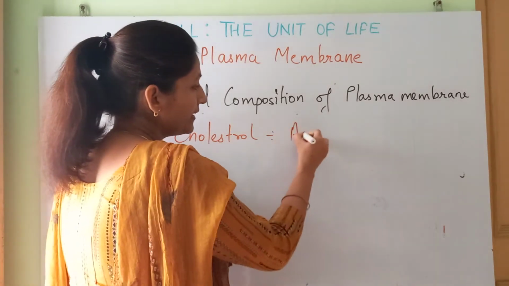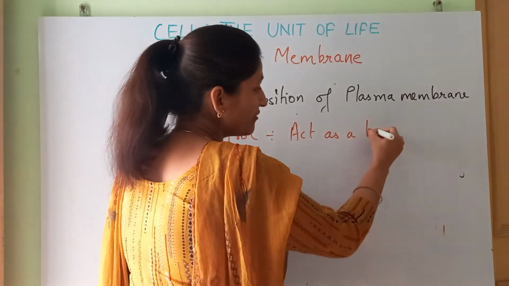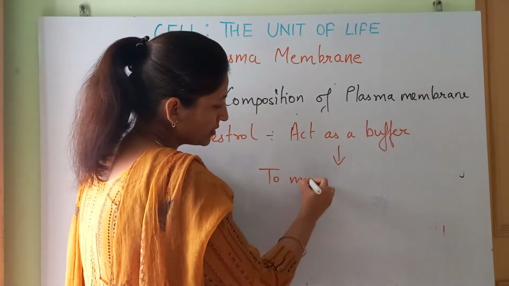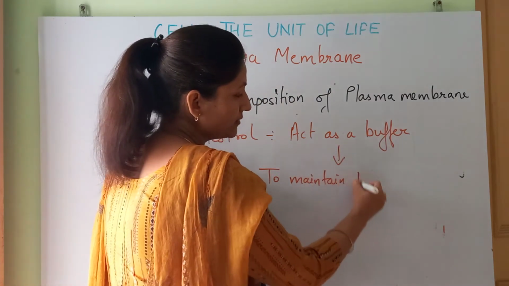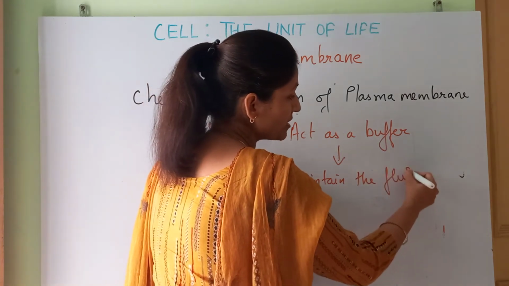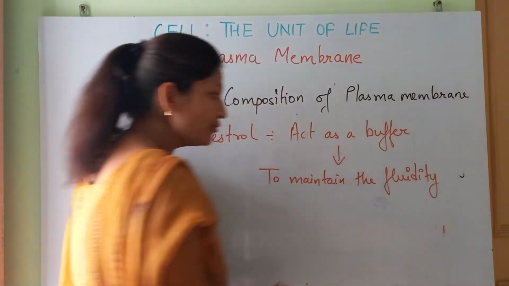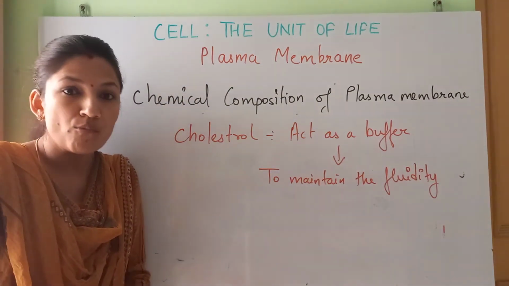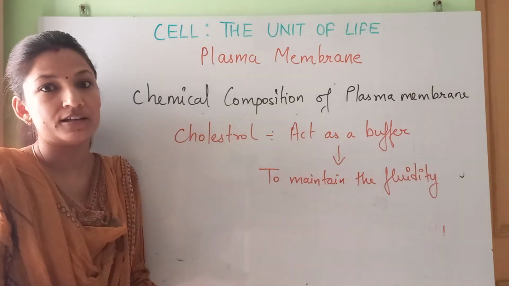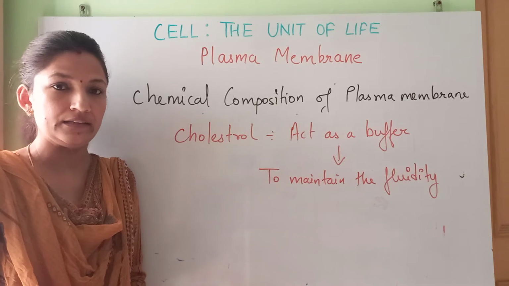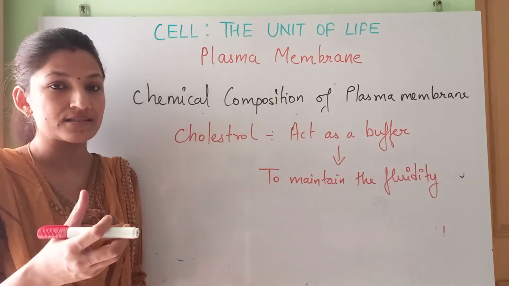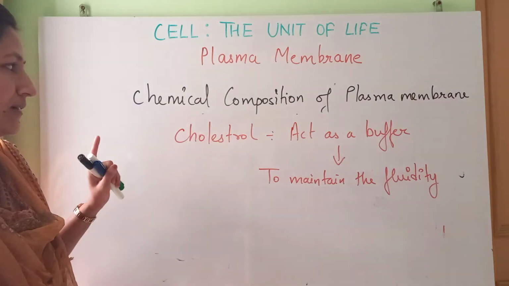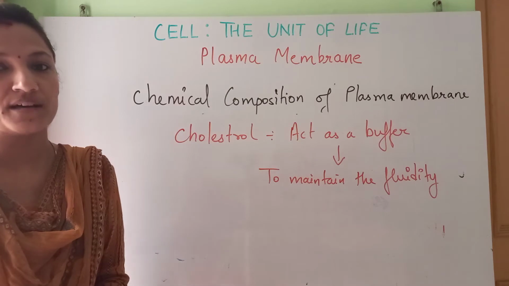Cholesterol acts as a buffer to maintain the fluid nature of the plasma membrane, to maintain the fluidity. It won't allow the membrane to be more fluid and not allowed to be more stiff. It maintains the quasi fluid nature, stable रखता है उसको. This is all about the chemical composition of plasma membrane.